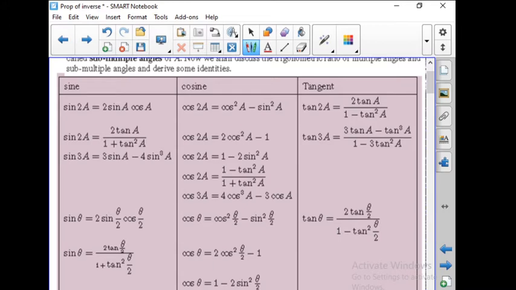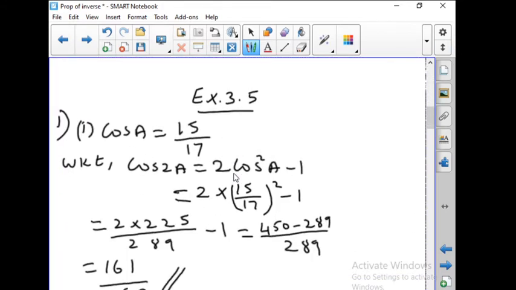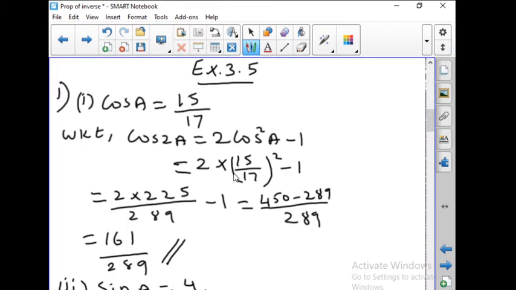Exercise 3.5, first question. Cos A is equal to 15 by 17. We have to find the value of cos 2A. Cos 2A by formula is 2 cos square A minus 1.